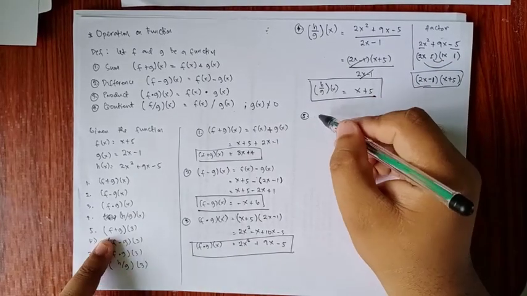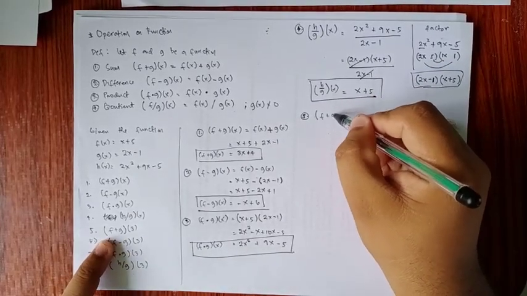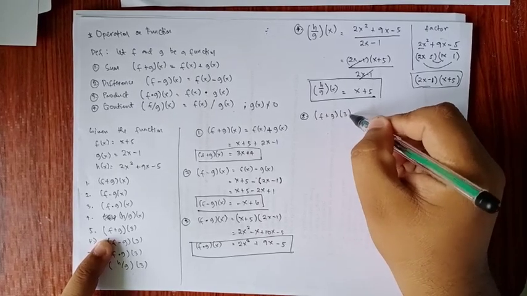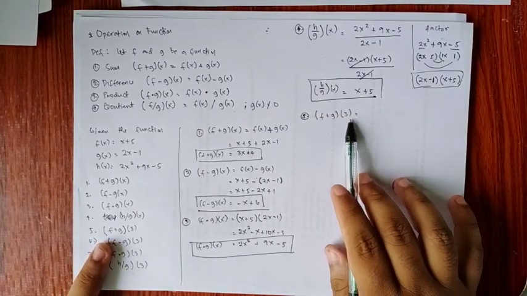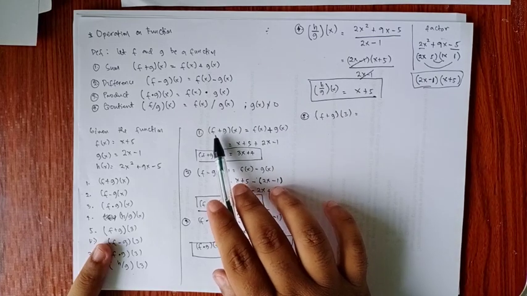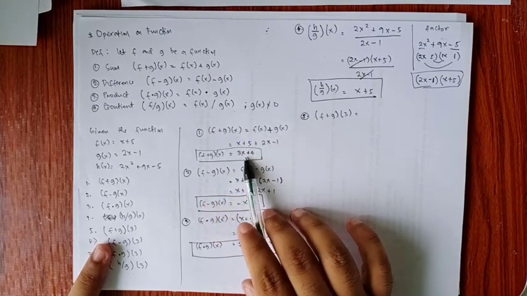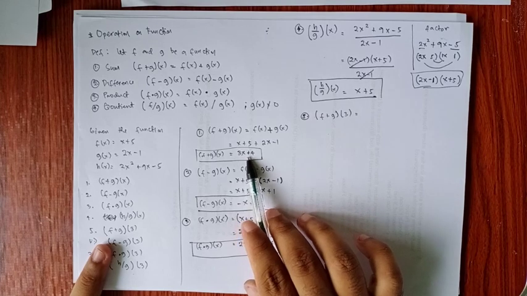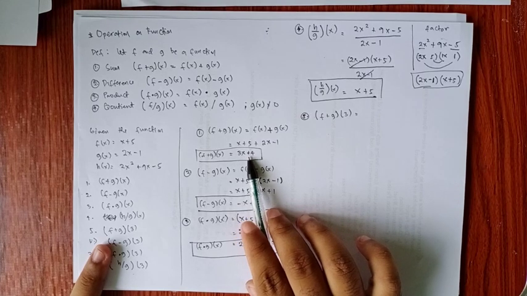Next, number 5. F plus g of 3. So, kung mapapansin natin, kanina, sinolve natin yung value ni f plus g of x. Yung result natin dito is 3x plus 4. Nakuha.